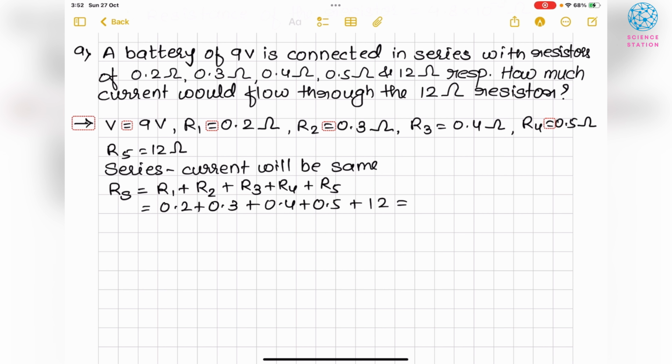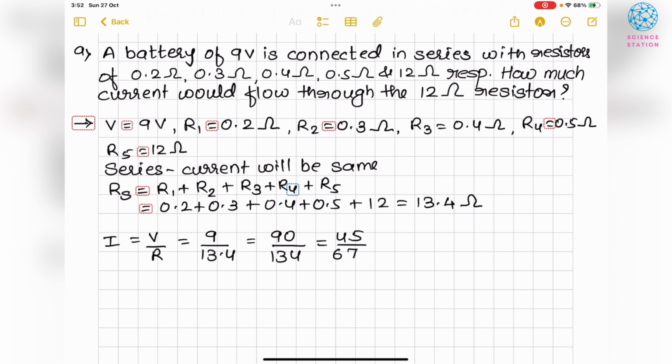So that comes to 13.4 ohm. So now I equal to V by R. So here it will be equal to 9 by 13.4. So that will be 90 by 134. So that is coming, if I cut with 2, 45 upon 67. So if I divide it, finally I will get 0.671 ampere.